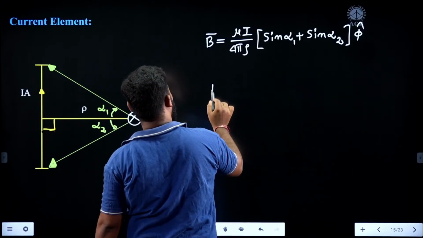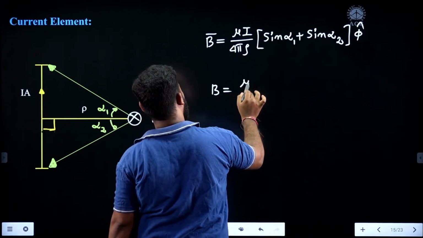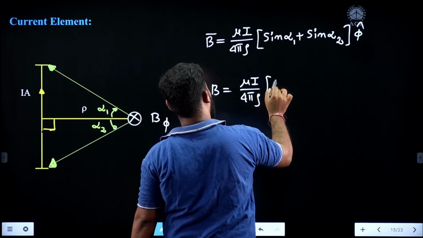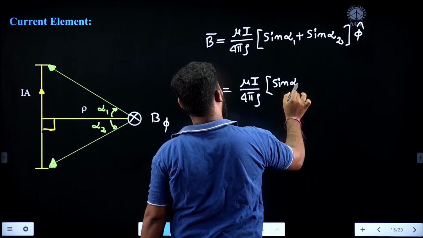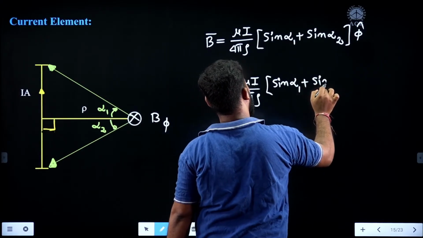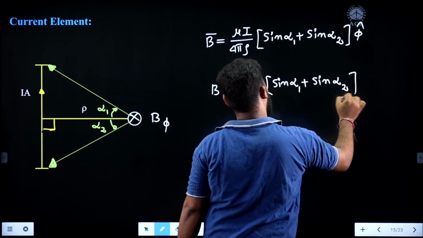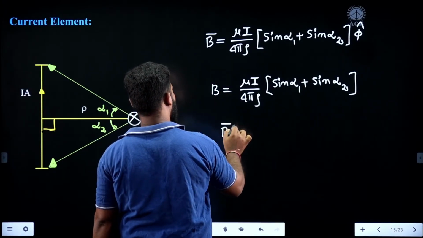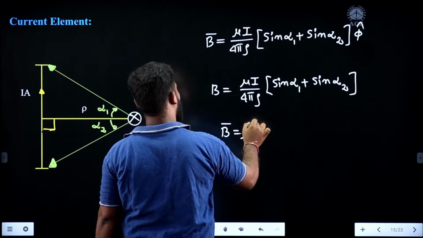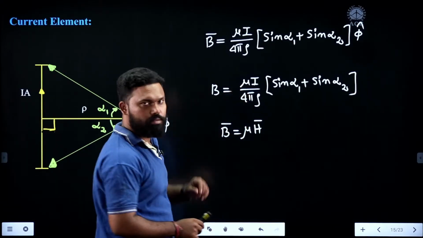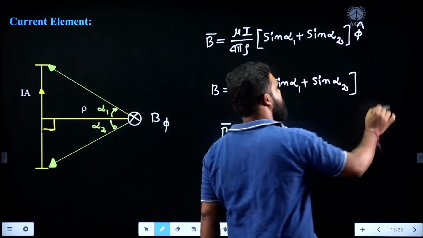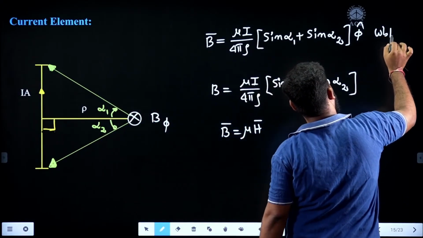If you want to write only the magnitude, B is equal to mu I by 4 pi rho into sin alpha 1 plus sin alpha 2. Suppose you want to write for H, we know that B is equal to mu into H, so you can remove this mu here. This is called magnetic flux density, B. What are the units for this one? It is Weber per meter square.